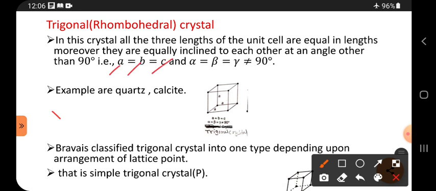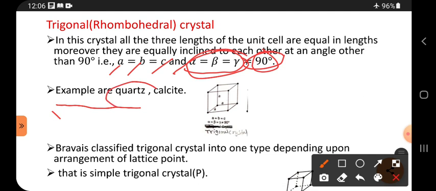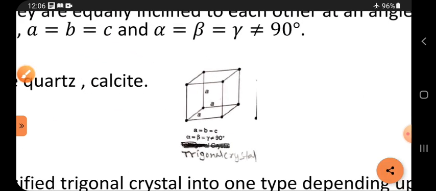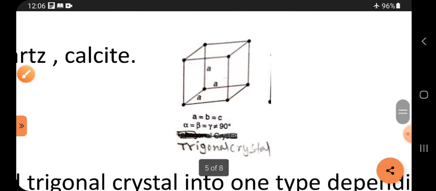All the sides are the same and all the angles are the same but not 90 degrees. An example for this is quartz and calcite crystals. So this is the diagram.